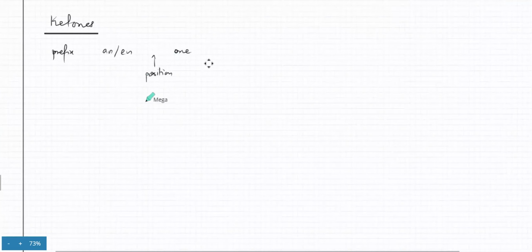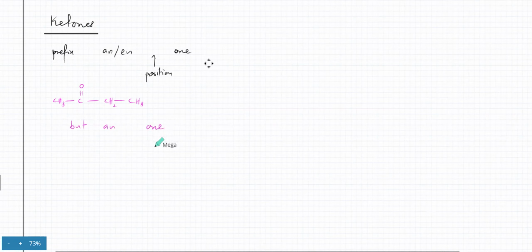So for example, we'll do the first one. I have 4 carbon atoms, and this one is a ketone, so there's a double bond O over here. This one would have 2 hydrogens, this one would have 3 hydrogens, and there would be 3 hydrogens over here as well. The name of this molecule would be, it is saturated, so it's "an" and "one".